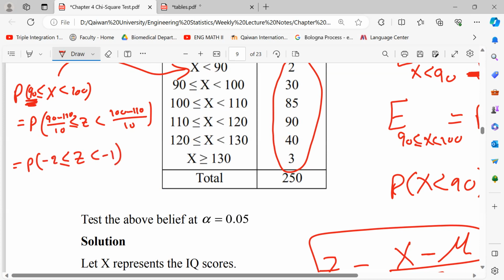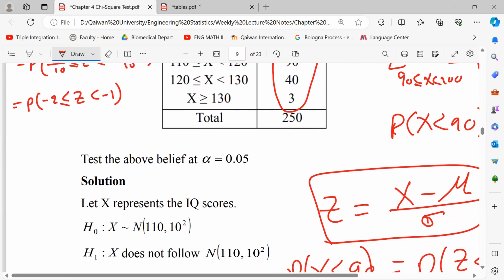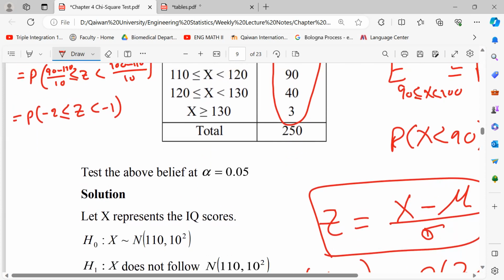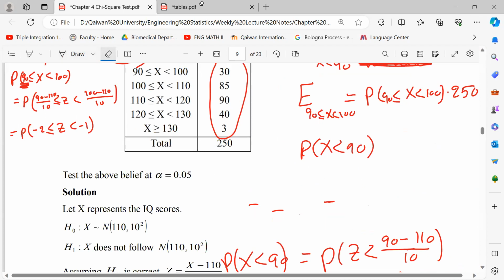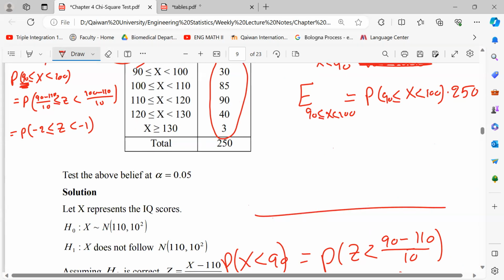It's between negative 2 and negative 1. How to find it? Less than negative 1 we can find, but how about the greater? For this one, it's easier to use the graph.